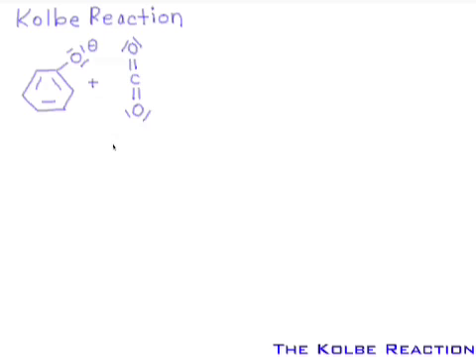Well, phenol is near the top of our activators for electrophilic substitution. Deprotonated, an O minus becomes even a more powerful activator than the NH2 of aniline. This would be at the top of our list of activators, representing one of the most activated aromatic rings.